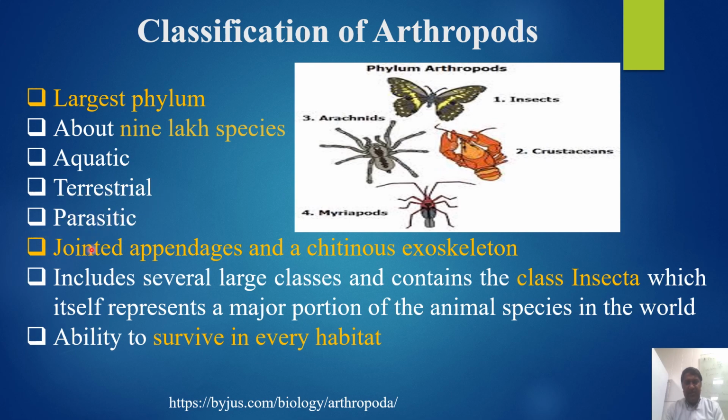The main property of this phylum is that they have jointed appendages and a chitinous exoskeleton, and it includes several large classes, among them the class Insecta, which itself represents a major portion of the animal species in the world, and they have the ability to survive in every habitat.